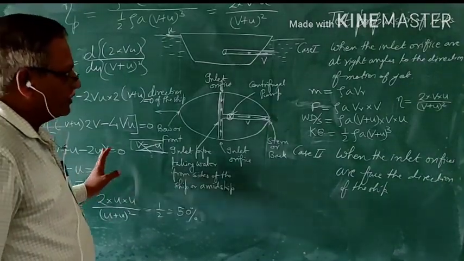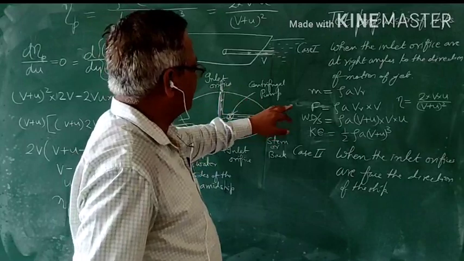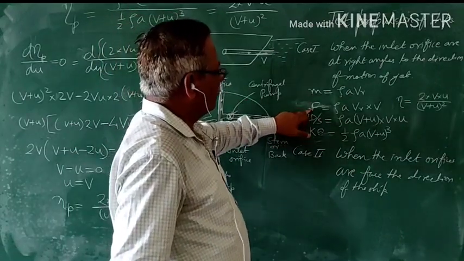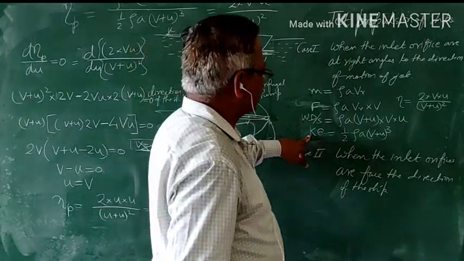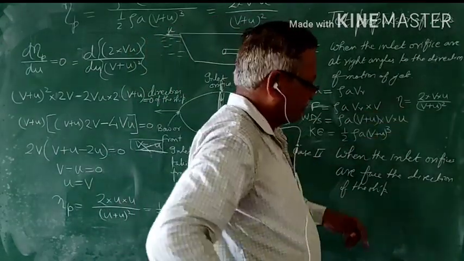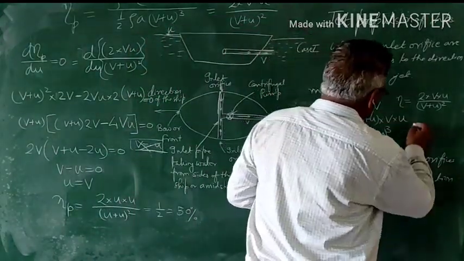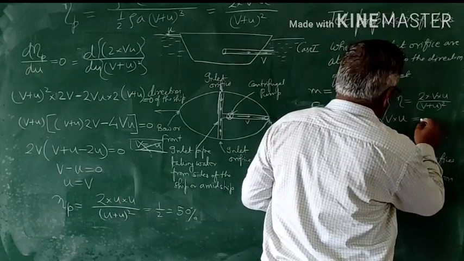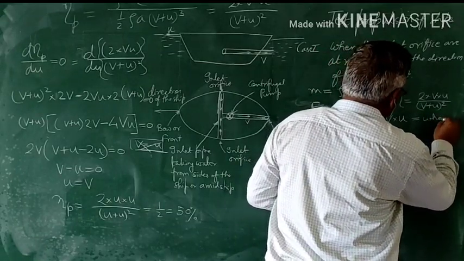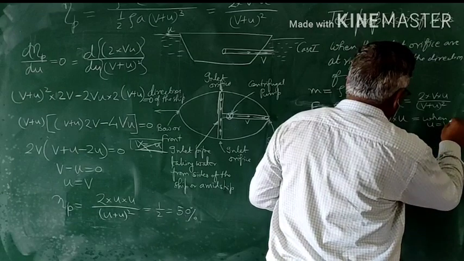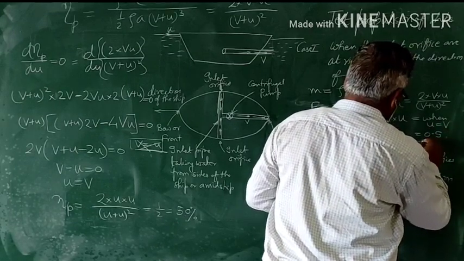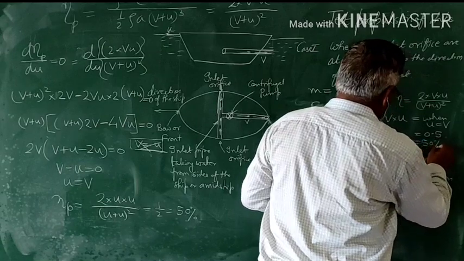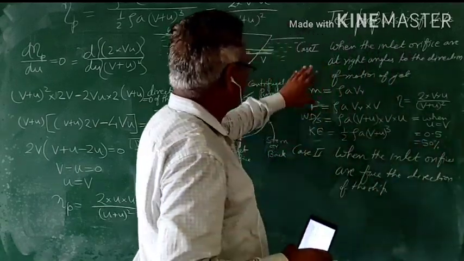I am writing down the formulas which we used here: mass flow rate, force, work done per second, kinetic energy supplied per second, and the efficiency. And the maximum value is when U equals V and it is 0.5 or 50%. So this is all about case 1.